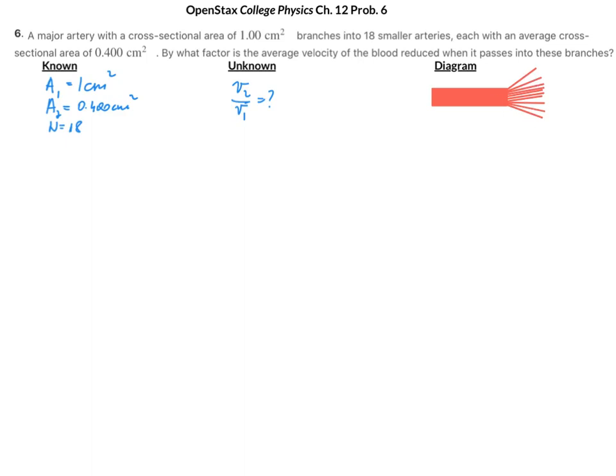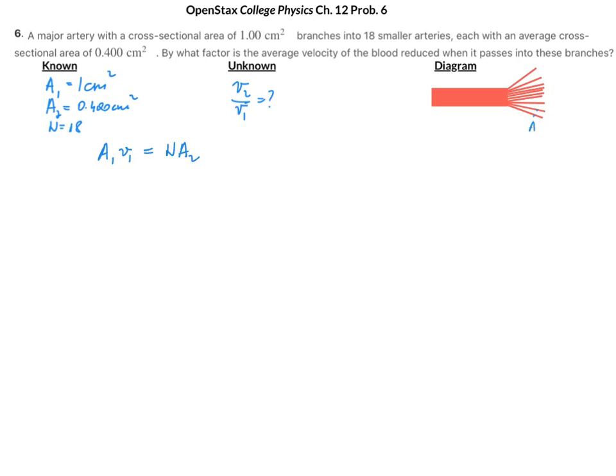The blood is not going anywhere, and the speed that it comes in with will have to be distributed somehow in these smaller arteries. So then we can say that the cross-sectional area of the major artery times the velocity of blood in that artery is equal to n times A2, A2 being just the cross-sectional area of one of these little vessels here.